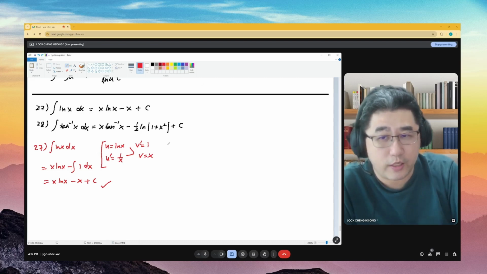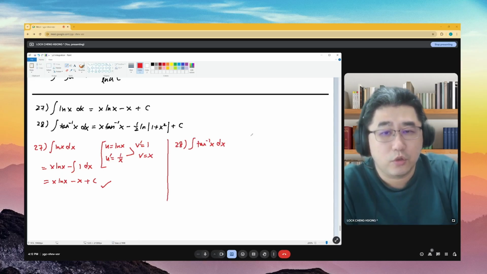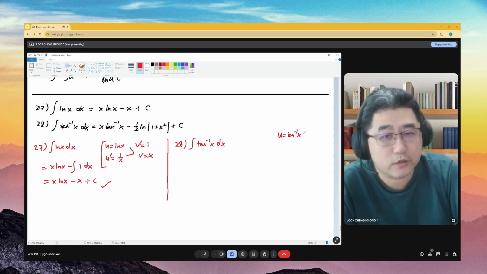Next, 28. So integrate of arctangent x dx. I'm going to use u equals arctangent x, v prime equals 1. Then u prime equals 1 over 1 plus x squared. This is differentiation.